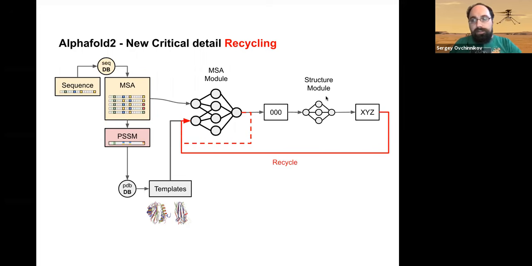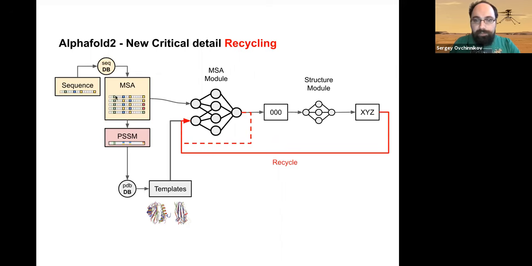The structure module effectively just builds up the structure from the center. Then you can feed the coordinates back into the network to recycle, and do this over and over, getting a better and better structure. It's almost like a sampling procedure or a trajectory to some extent, and I'll touch upon that towards the end of my slides today.